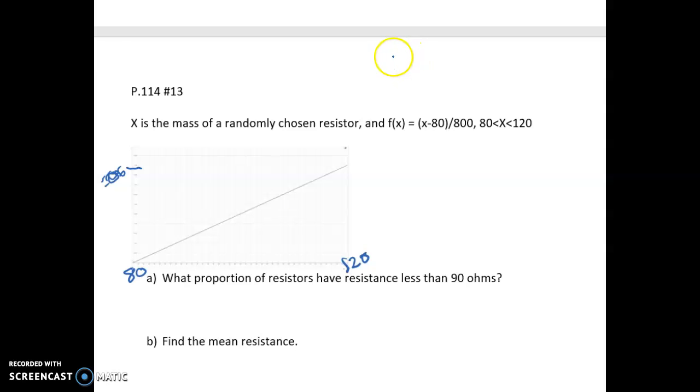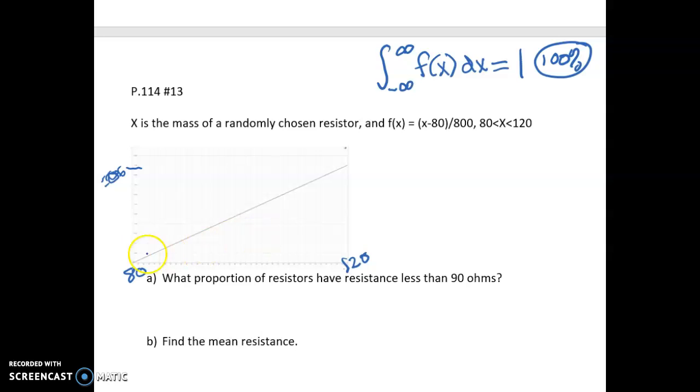You might add this to your notes: the integral of f of x from negative infinity to infinity has to equal 1, because that's 100% of all values. Just like if we add up all the p of x values in a discrete distribution, we should get 1, 100%.